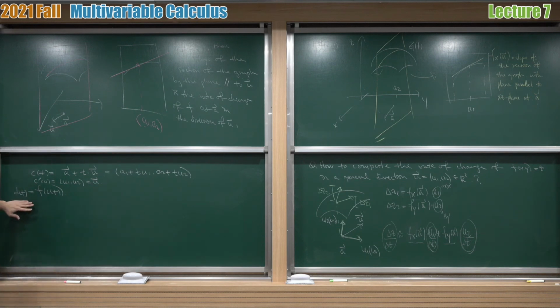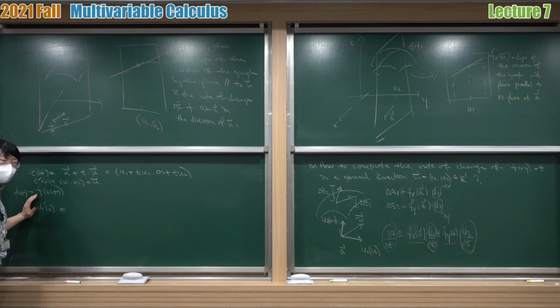So what I really want to see is d prime of 0, which gives the rate of change of function f when t equals 0, where the point on this curve c(t) moves along the direction of u, right? So I really want to compute d prime 0.